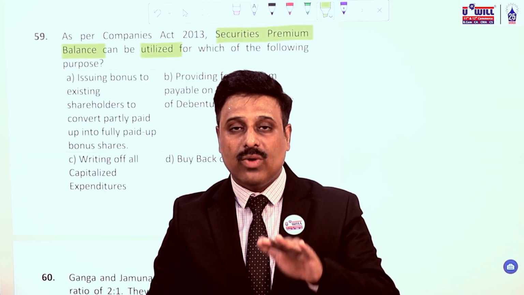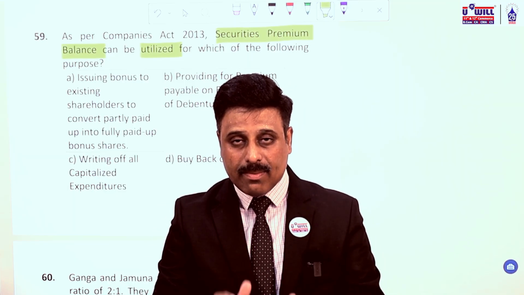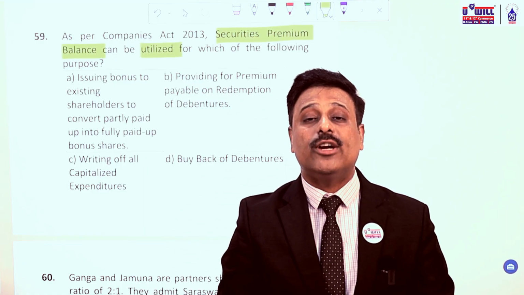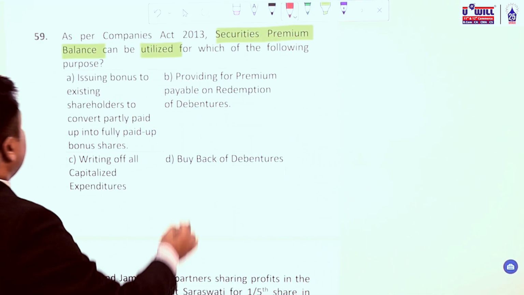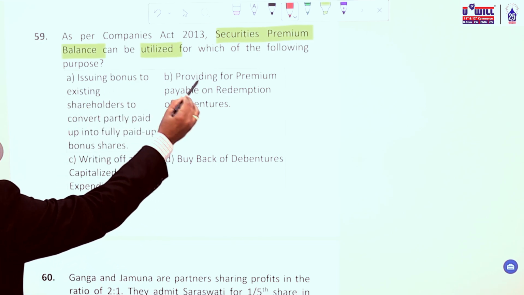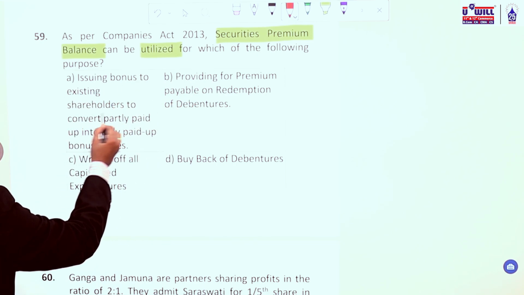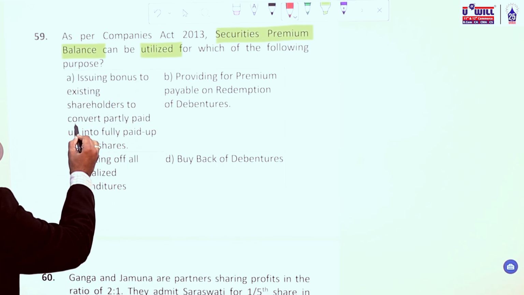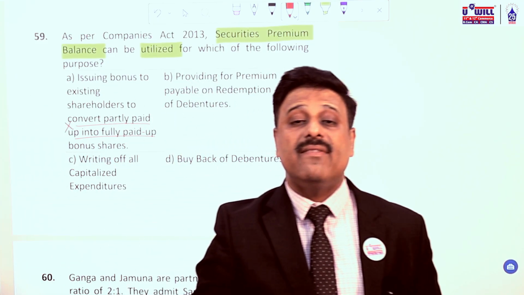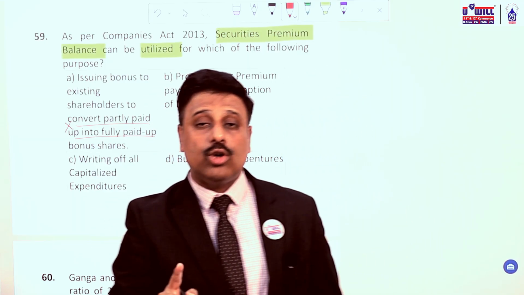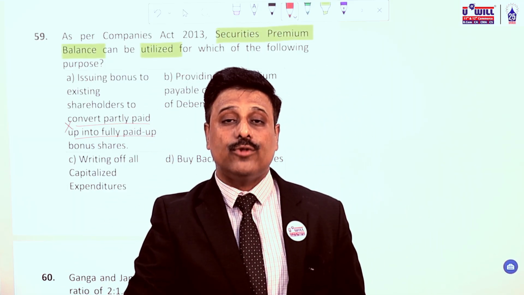So whatever you have studied so far in the chapter of debentures, as per that knowledge also you try to answer, you'll be able to get it. Can it be used in issuing bonus shares to existing shareholders to convert partly paid shares into fully paid up? No. Securities premium can be used for giving bonus shares, but not to convert partly paid shares into fully paid.